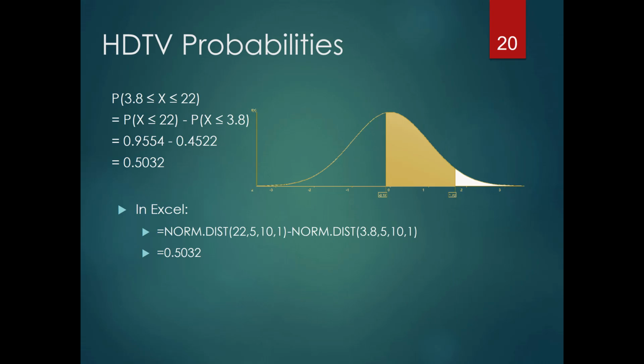Okay, so if we take a look, the probability of being between 3.8 and 22 is just take the probability of less than or equal to 22 and then subtract the probability of less than or equal to 3.8. You get 0.9554 minus 0.4522 for a probability of about 50%. So in Excel, you can see there you just use the norm distribution function for the two values and subtract them.